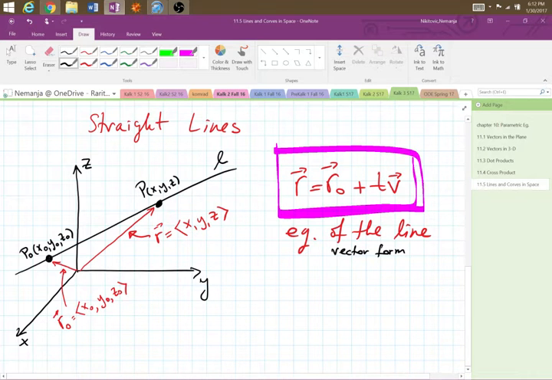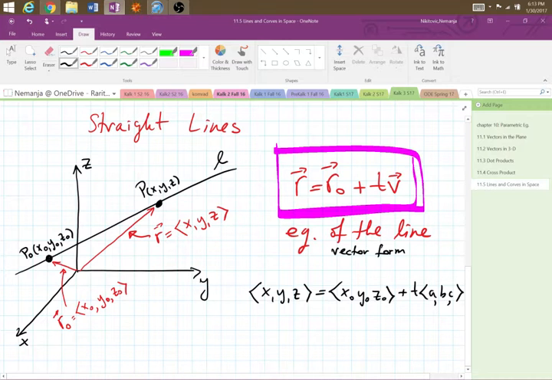Now I know that vector R is x, y, z. I know that R0 is x0, y0, z0, t, and then we have a, b, c. I did not mention that before, but now there you go.